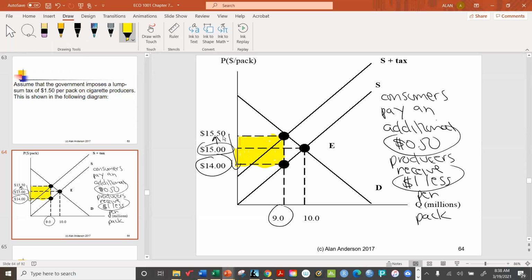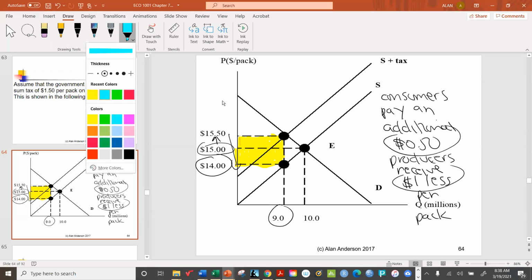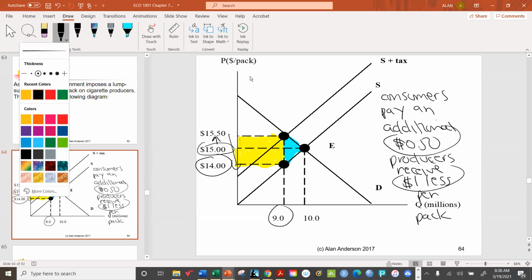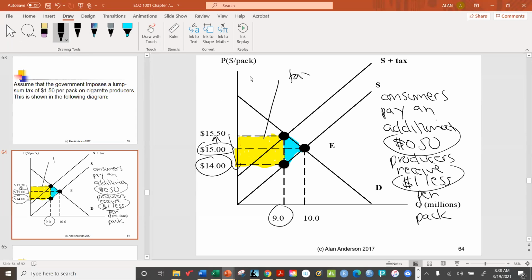In fact, both producer and consumer surplus go down by more than the amount of the tax revenues. The net impact is that we have deadweight loss, which is this blue triangle right here. So we can identify the different portions of the graph. These are the tax revenues, and this is the deadweight loss.